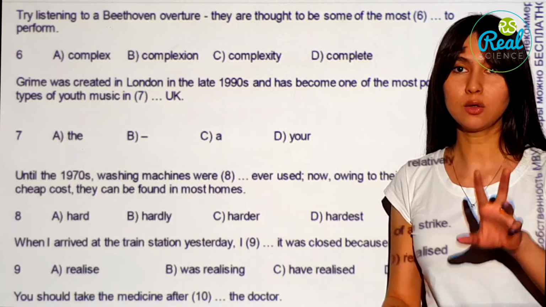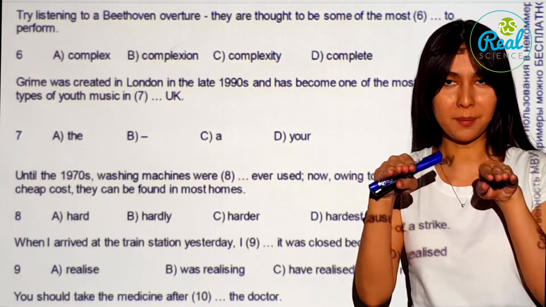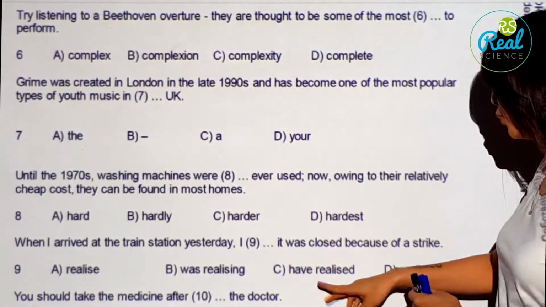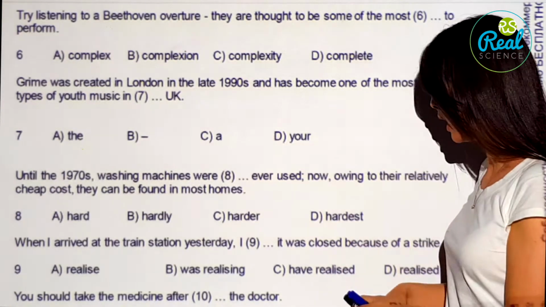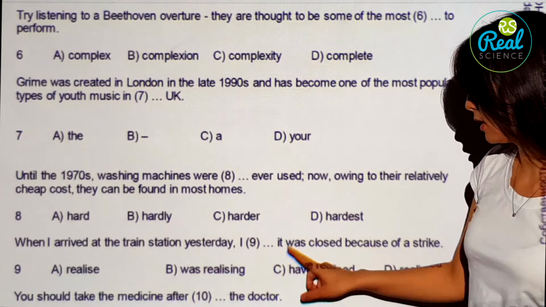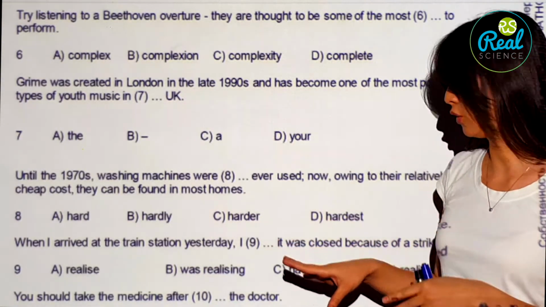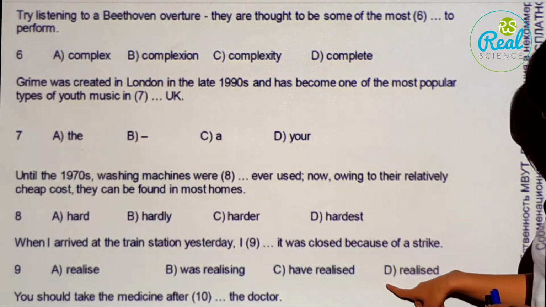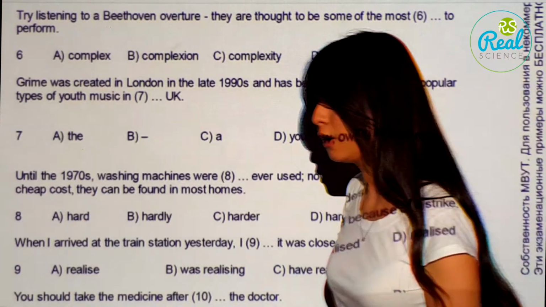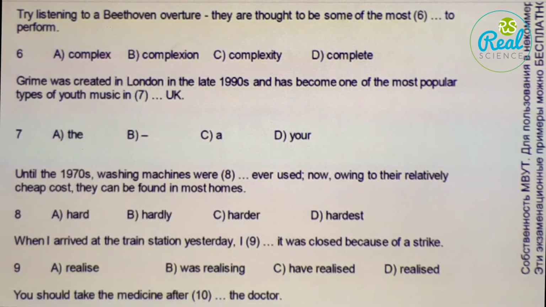Yes. Very good, because actually two actions are happening at the same time. When you arrive, you realize it. But if you put have realized, in that case it means you did this action before that one. So in that case, it is not the correct answer. Okay. So the most appropriate option here is realized. D1.